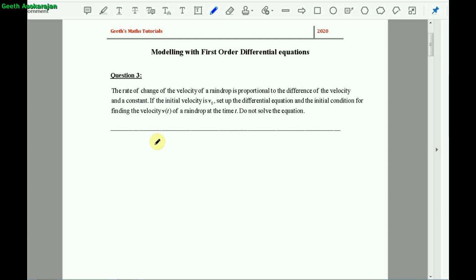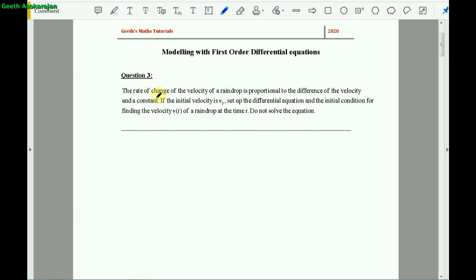Okay, so we just need to set up the differential equation and write the initial condition. So in this case, the rate of change of the velocity of a raindrop, so let's assign a letter. Let v be the velocity of the raindrop.